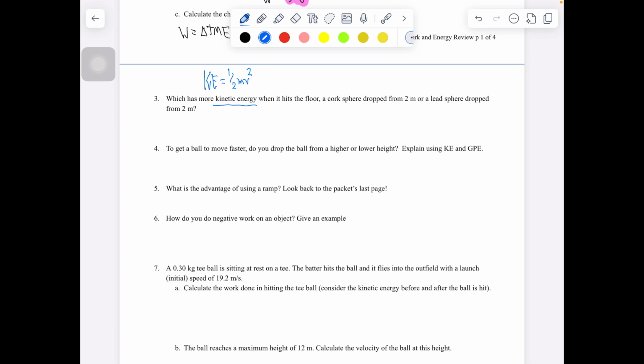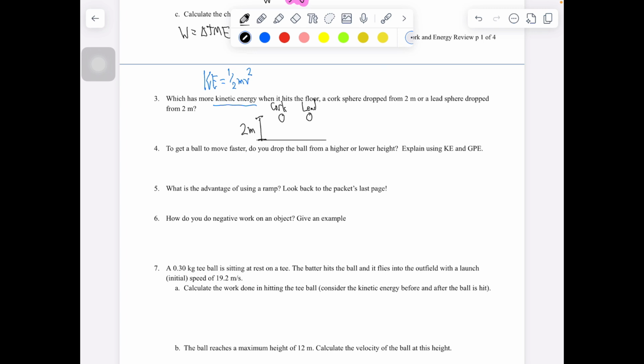Well, we can use our law of conservation of energy and say, let's draw a situation. We'll have our cork right here, and then we will have lead right here. And if they are falling onto the same ground 2 meters below, which one will have the greater kinetic energy?